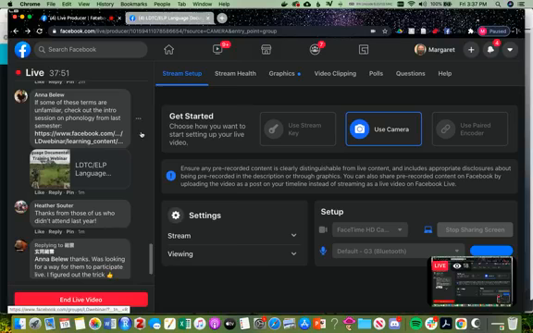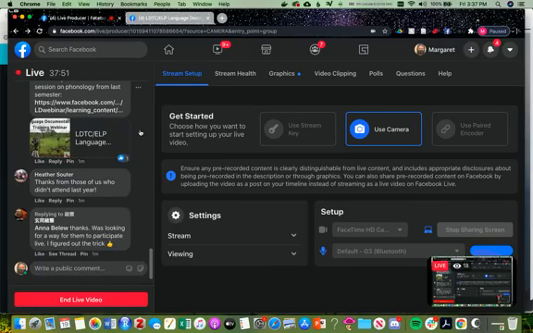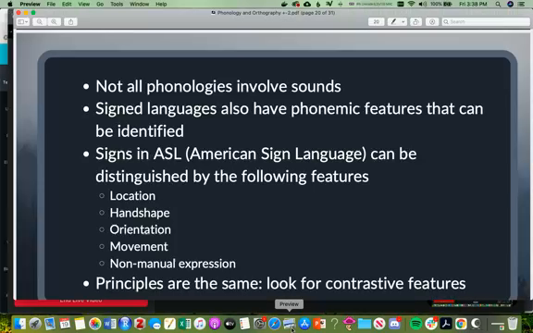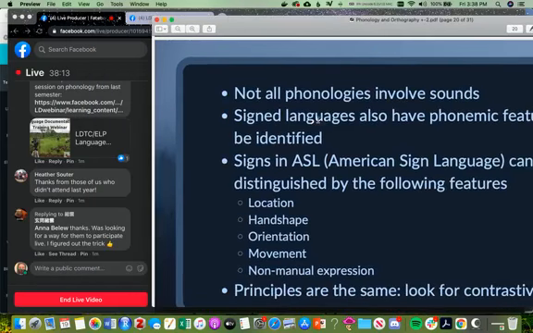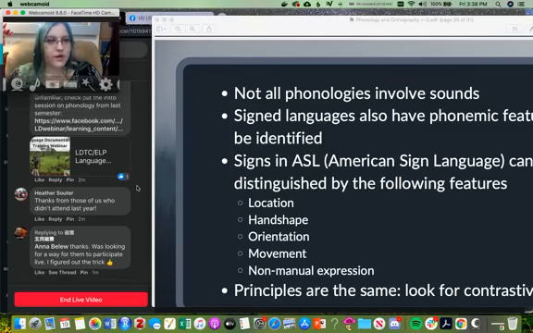Yeah, so if some of the terms are unfamiliar, feel free to let me know. Obviously, you don't have to memorize all these different things here today. Some of this is just a review of last time as well. So does anybody else have any questions on stuff that we talked about here before we move on to orthography?